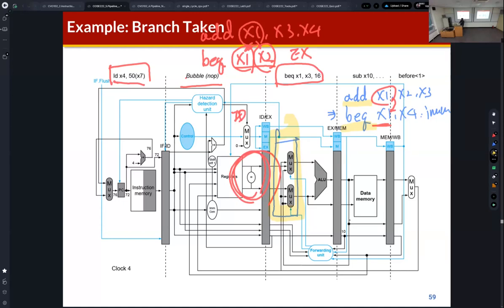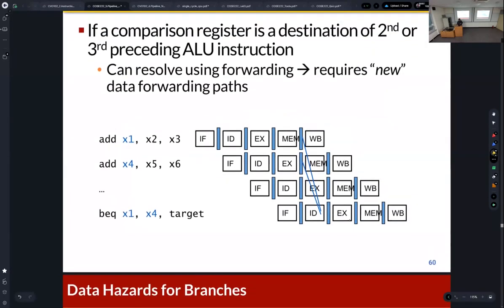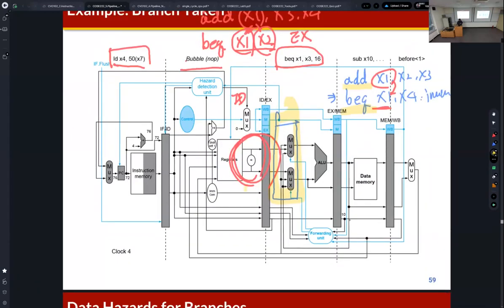In this case, the branch needs to stay in the ID stage until the add is in the write back stage.